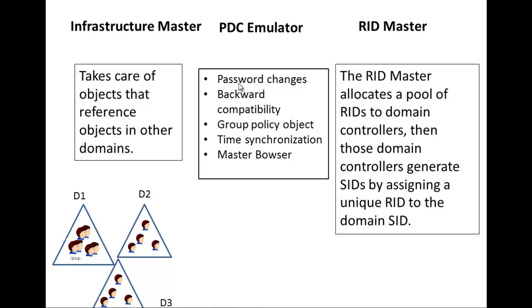For example, when a user password is reset or changed, those changes are immediately replicated to the PDC emulator. The PDC emulator also takes care of backward compatibility, meaning it gives a chance to those people who are still using previous versions of Windows to be able to locate a writable domain controller.